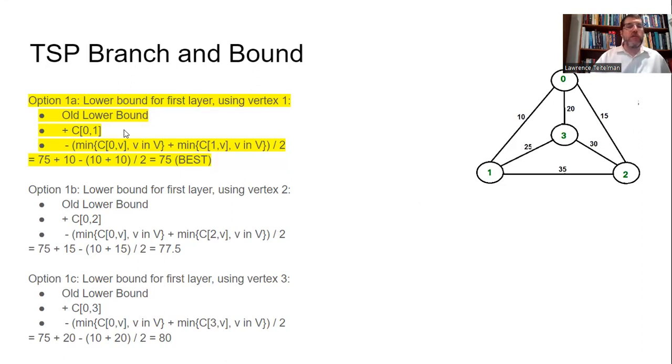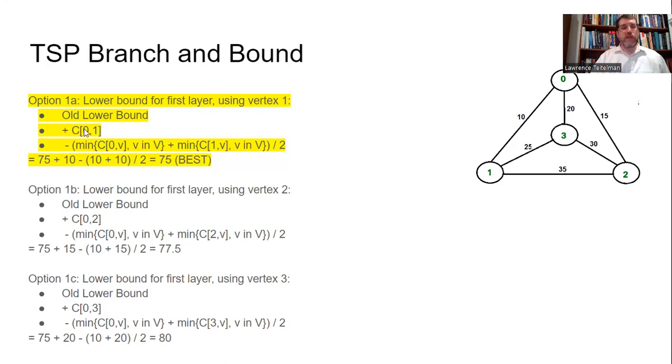We take the old lower bound. What was the old lower bound from the previous slide? It was 75, plus the best way to go from 0 to vertex 1. So to go from 0 to vertex 1 is 10.